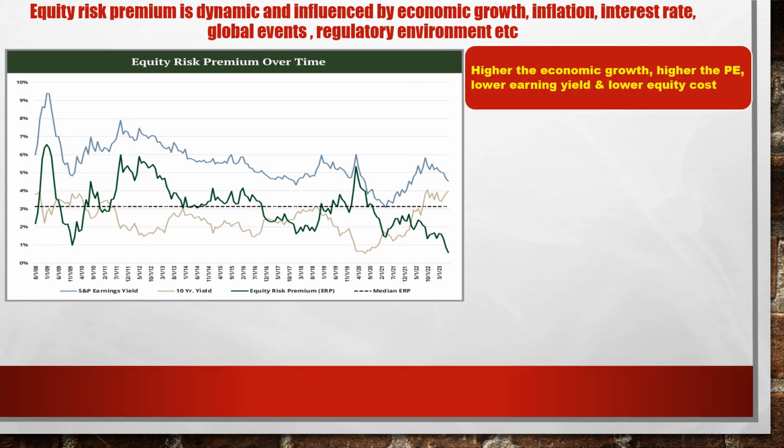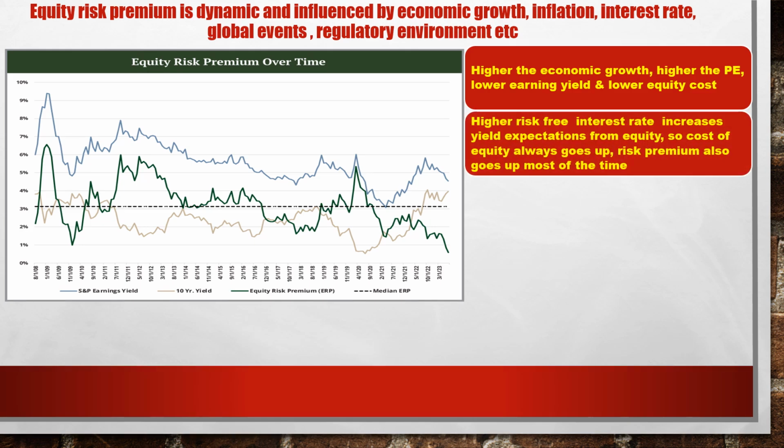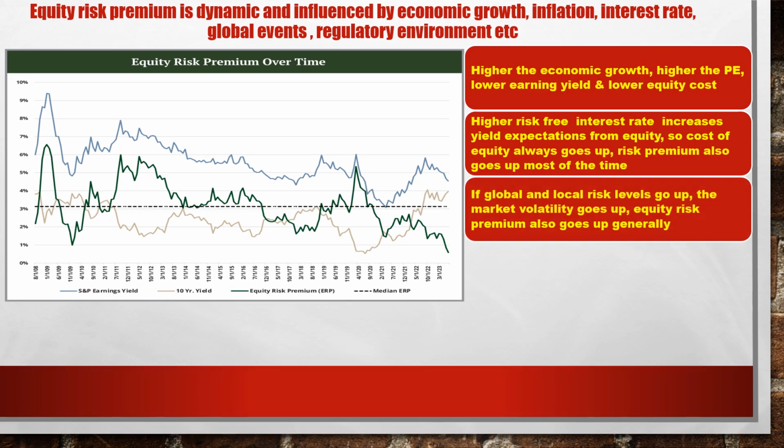The higher the economic growth, the higher is the price earning multiplier, the lower is the earning yield, and the lower is the equity cost. A higher risk-free interest rate increases the yield expectations from equity, so the cost of equity goes up. The risk premium also goes up most of the time. If global and local risk levels go up, the market volatility goes up, and the equity risk premium also generally goes up.